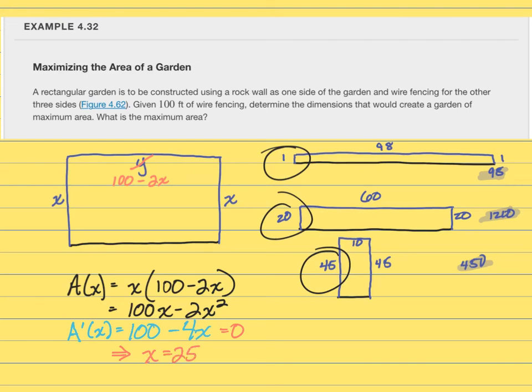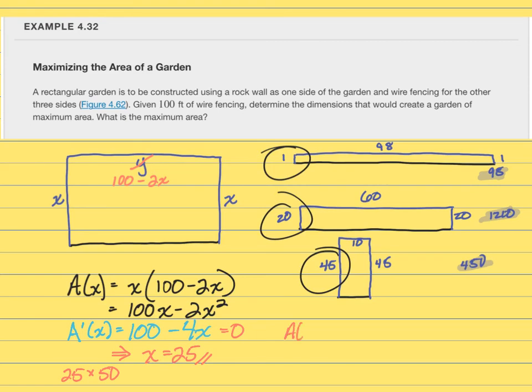If we create a rectangle with the sides of 25 and 25, that means the top is 50, and that's going to give us the maximum area. So the answer to the first question, what dimensions give us the maximum area, is 25 by 50. Then the second question is, what is the maximum area?